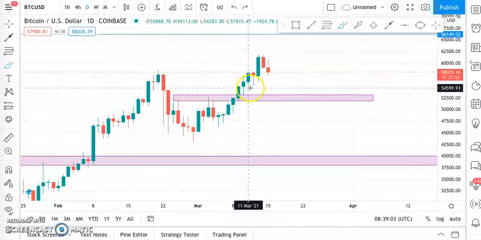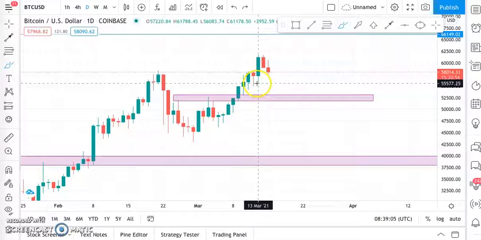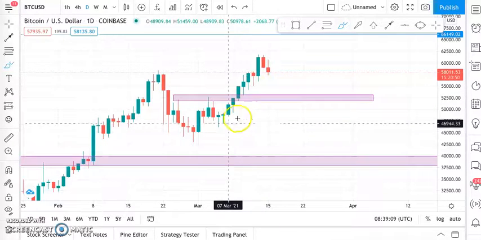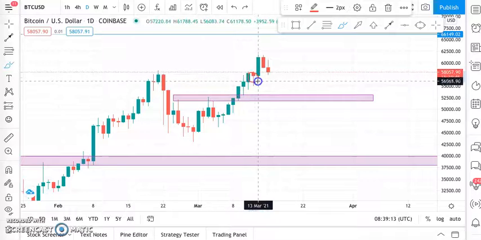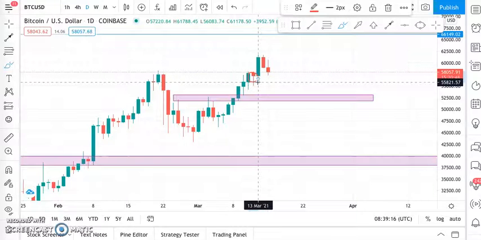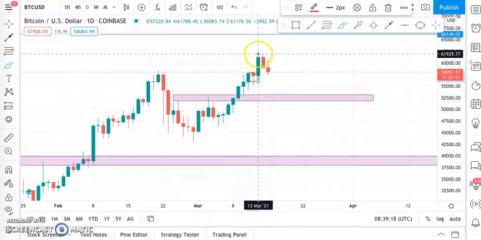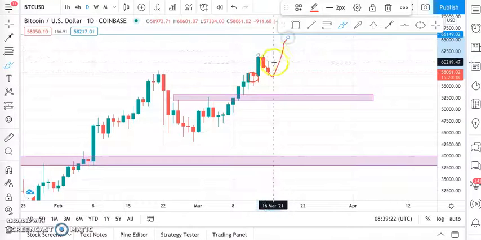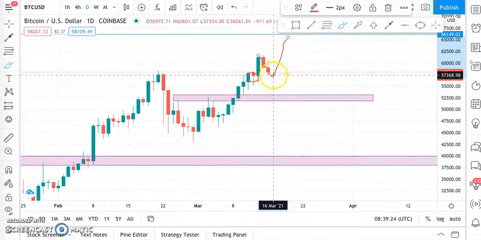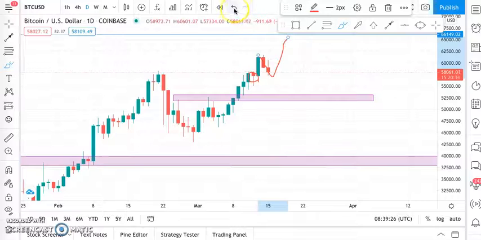It just retraced a little bit here, but this is even a good thing because now we can see that this is actually a strong demand area. This area here, it's a strong demand area, which of course we do expect that price is going to retest again before continuing to the upside, and we can see that price is already doing that right now.